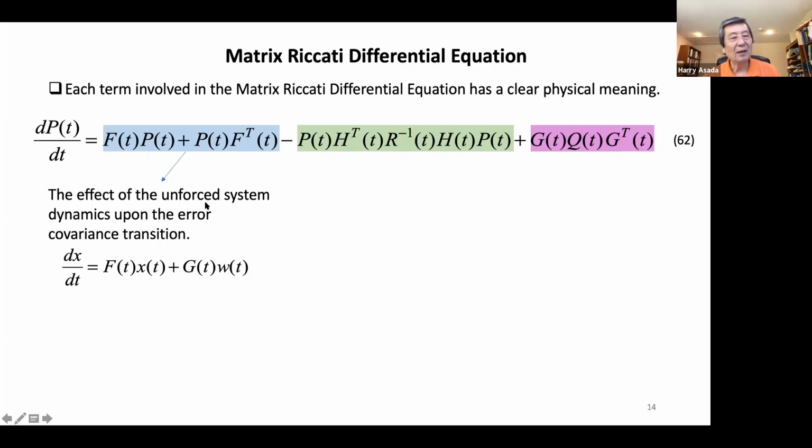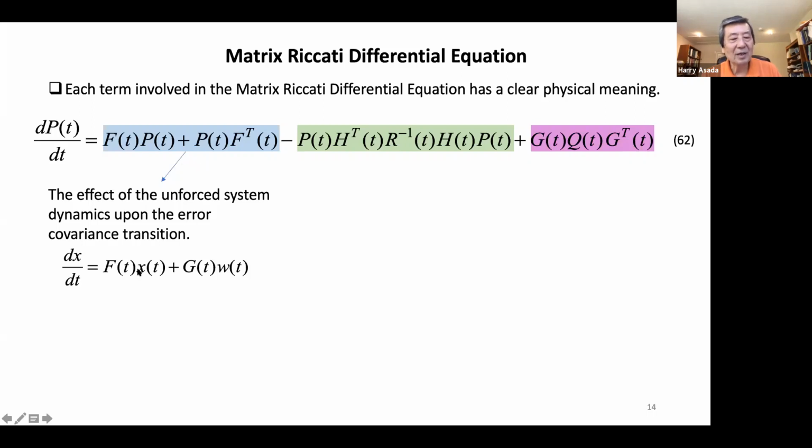Unforced means that we look at these equations, and this one is basically driving the system. So without this, the remaining part is this. That's the unforced dynamics. The system's more inherent characteristics, right? So PT has some value that makes a transition in this way.